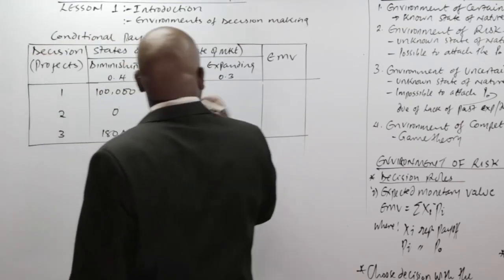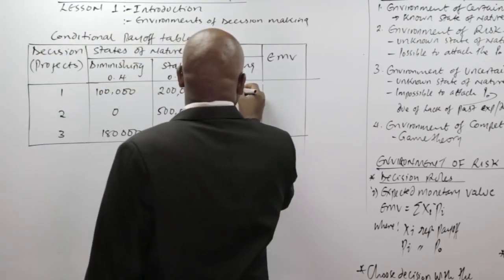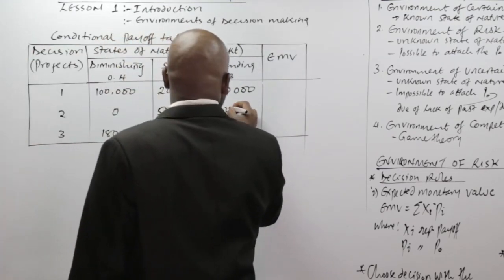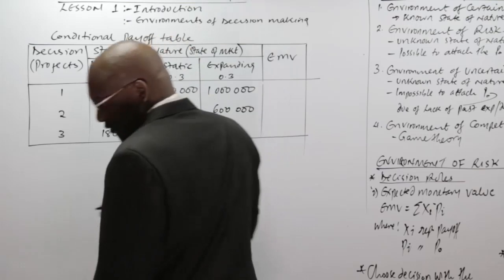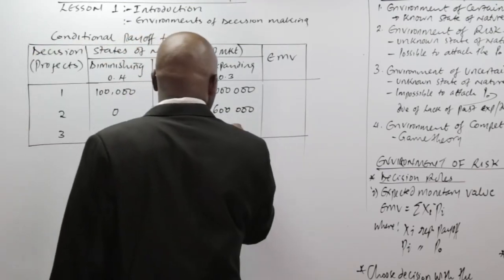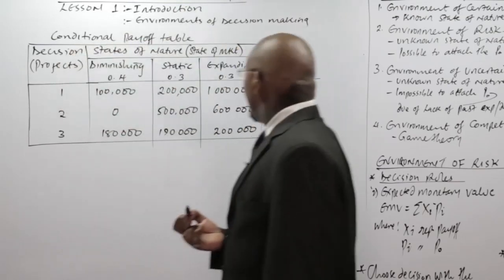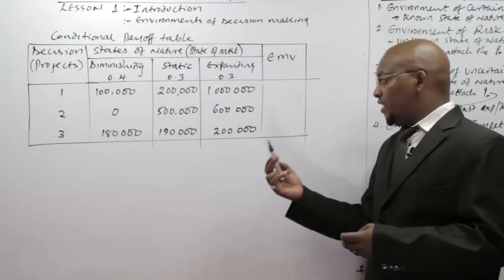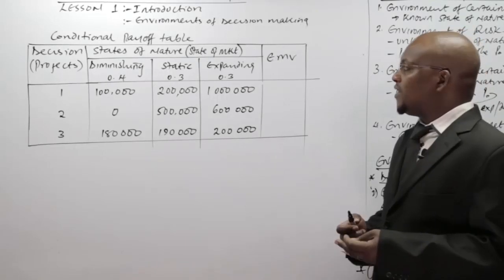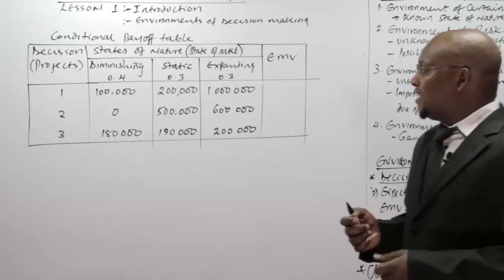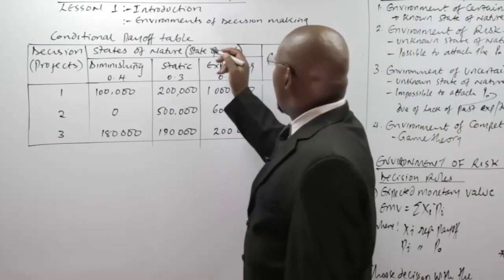Then you have 1 million, 600,000, and 200,000. That's what you have. So we have projects 1, 2, and 3, and these are the payoffs, the net present values, which we are going to multiply by the respective probabilities. We then get the EMV.